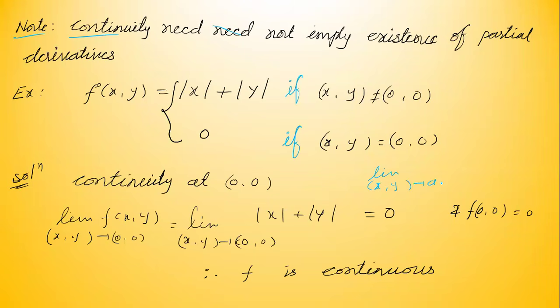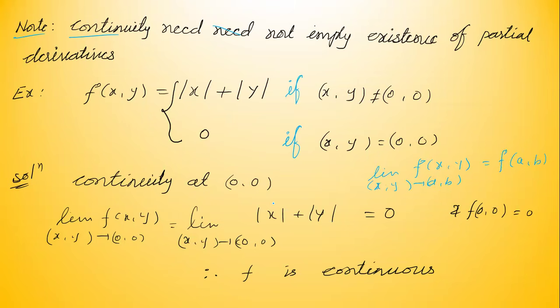If you apply at 0 0, the limit as x y tends to 0 0 of f of x y is the limit of modulus of x plus modulus of y.